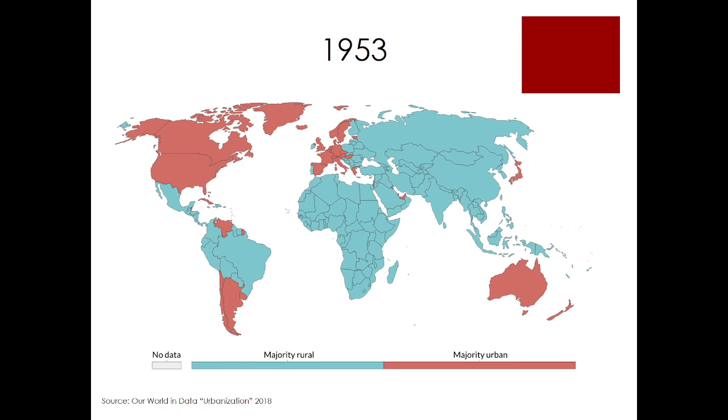Over here on the screen, you can see in the 1950s, majority urban countries included Australia, the United States, most of English-speaking Europe, South Africa, and also Japan.